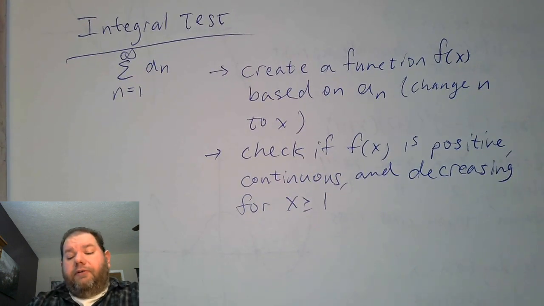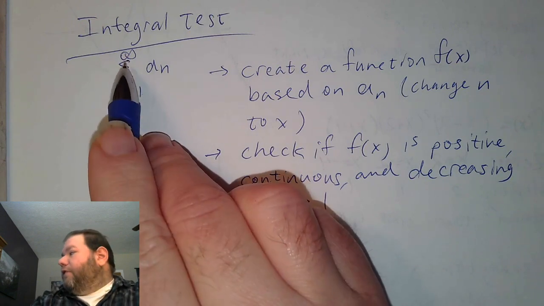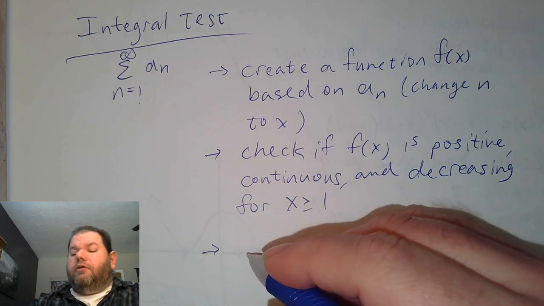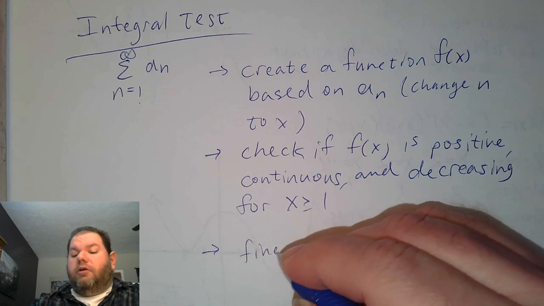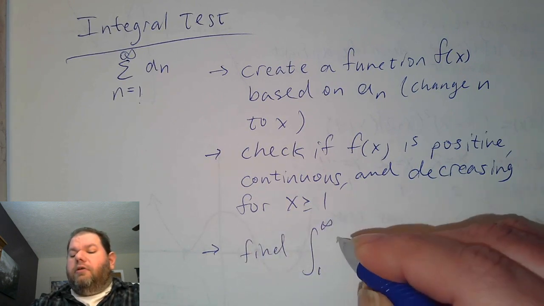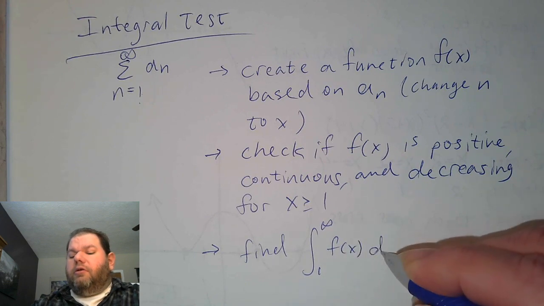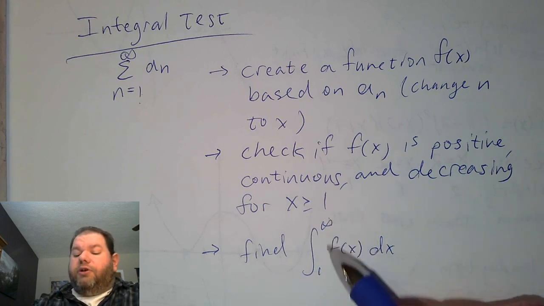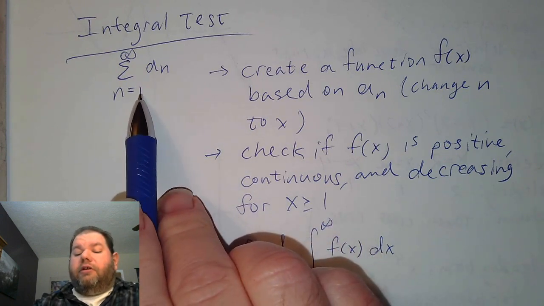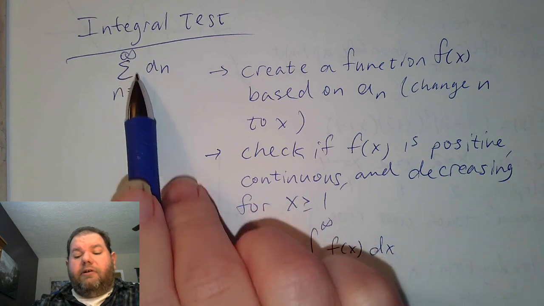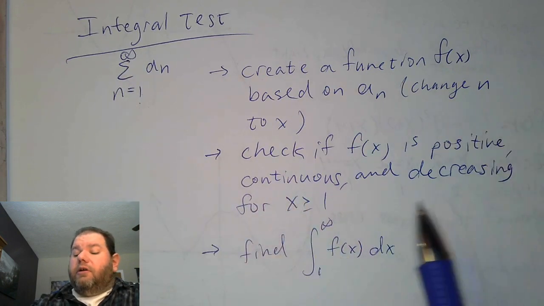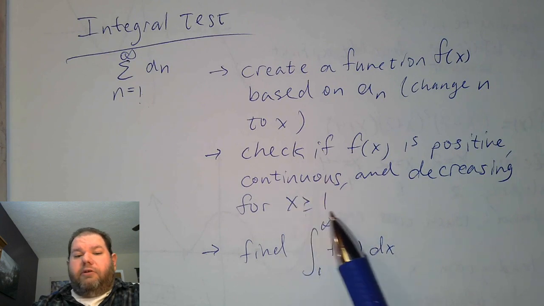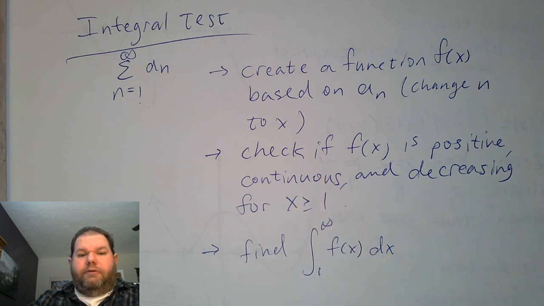Once we've verified those three things are true, next we integrate f of x from 1 to infinity. But again, the limits of integration here will match the limits on this series here. So if this one starts at 2, then this has to be true for x greater than or equal to 2, and this one has to start at 2 also.